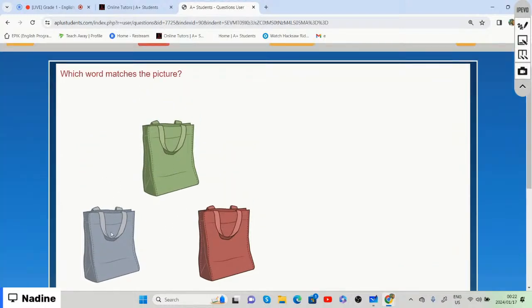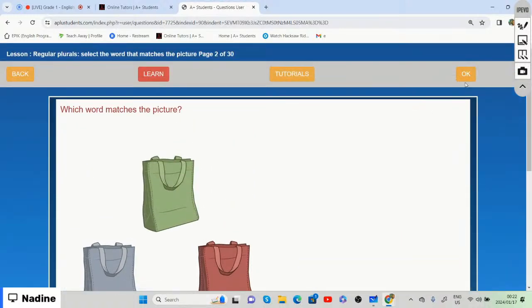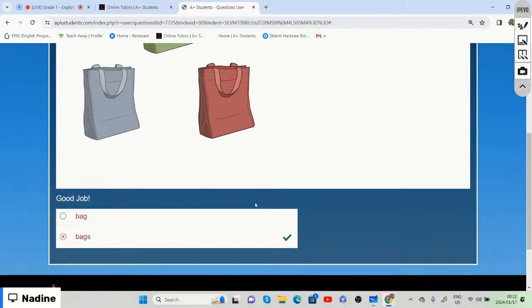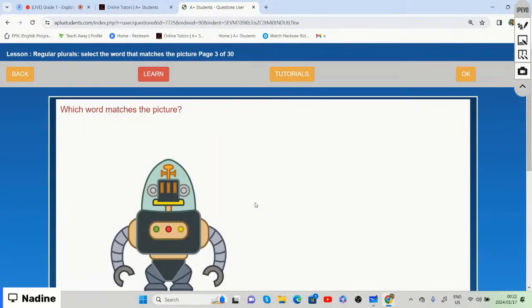All right, so if we're going to count this 1, 2, 3 bags, and then we're going to choose the option of bags, which is BAGS, bags. And well done, bags is correct.